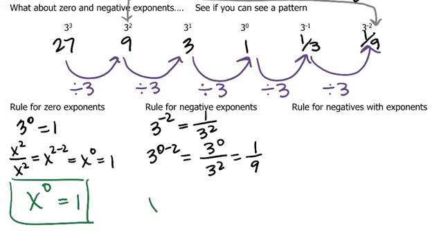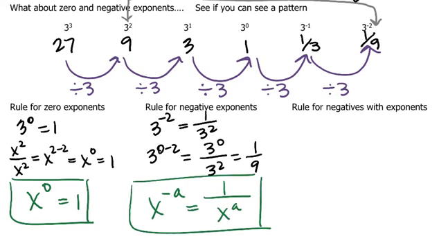In general, x to the negative a power is going to be 1 over x to the a. And the rule for negatives with exponents, we've kind of already gone over that. Just remember to be careful about your order of operations. That exponents comes before multiplication by negative 1.